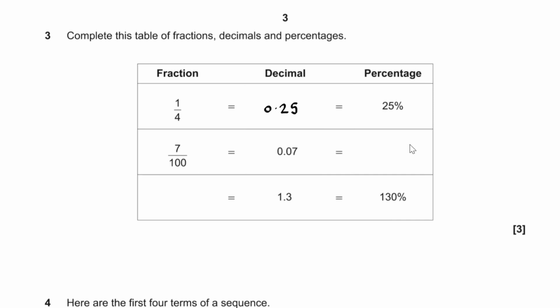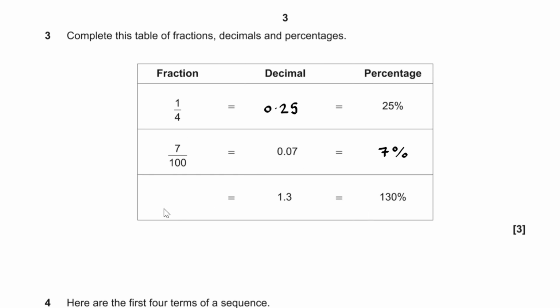Next, we have to find the percentage equivalent of 7/100, which is the same as 0.07. Well, percentage means out of 100, and therefore we have here 7 out of 100, we have 7%.